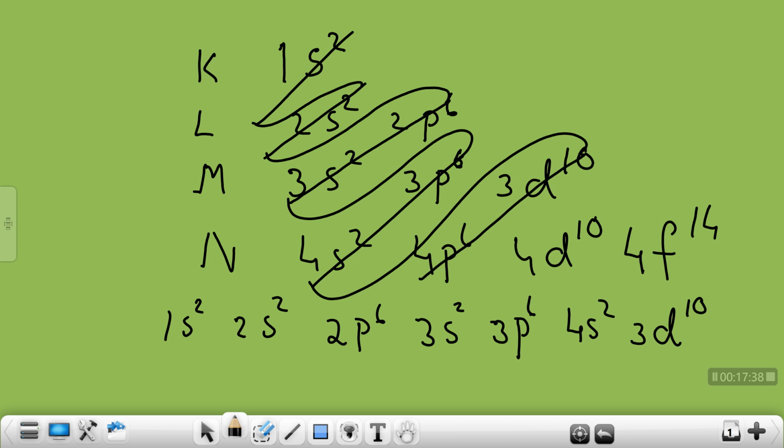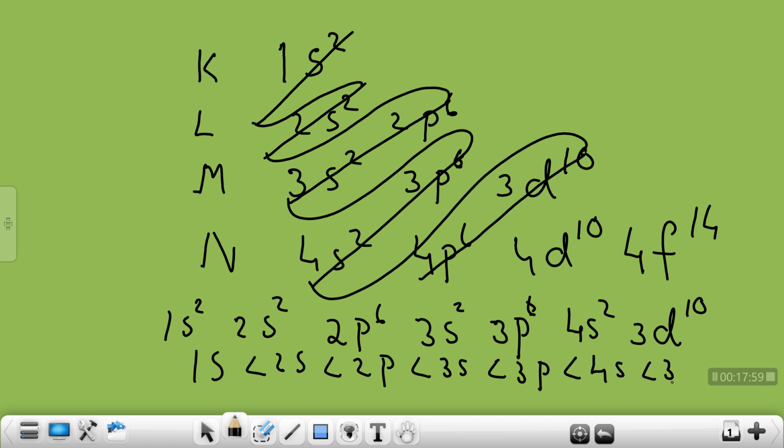So this year you have to learn only up to 3d10. So the increasing order of energy: 1s, then 2s, then 2p, 3s, 3p, 4s, 3d.